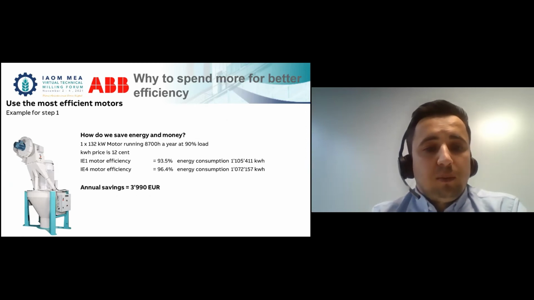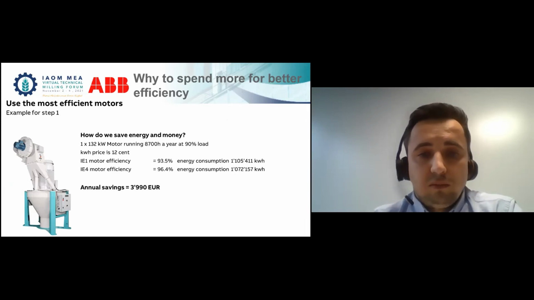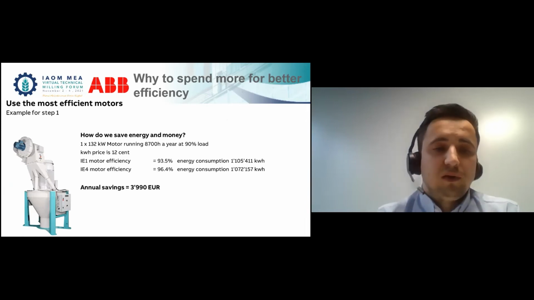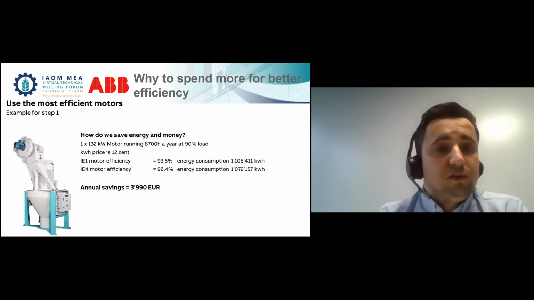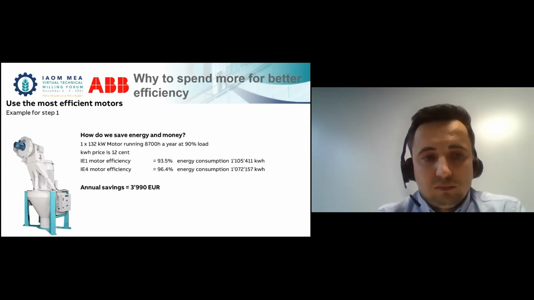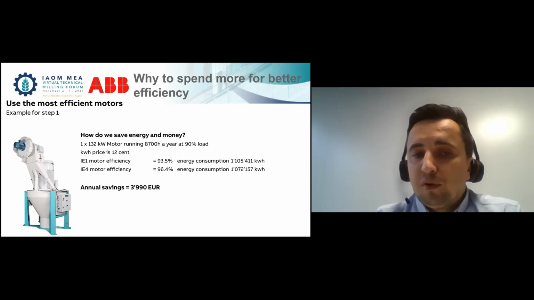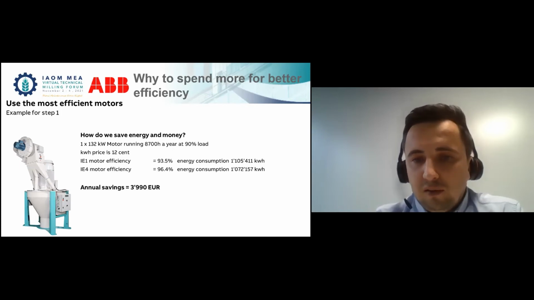So here is an example by using the most efficient motor which is available, or as an example, IE1 compared to an IE4 motor. So this is an application with a 132 kilowatt motor running 8,700 hours a year at 90% load, and the kilowatt hour price is 12 cents.